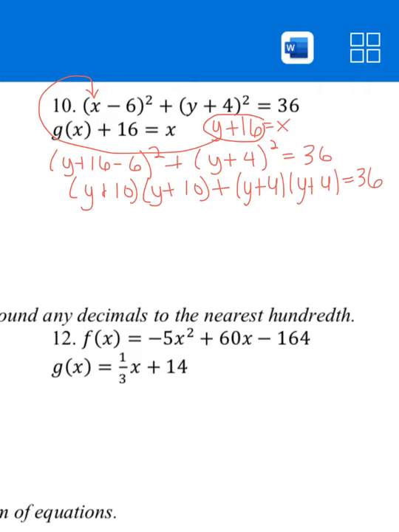So I'm going to double distribute. I get y squared plus 20y plus 100 plus y squared plus 8y plus 16 equals 36.